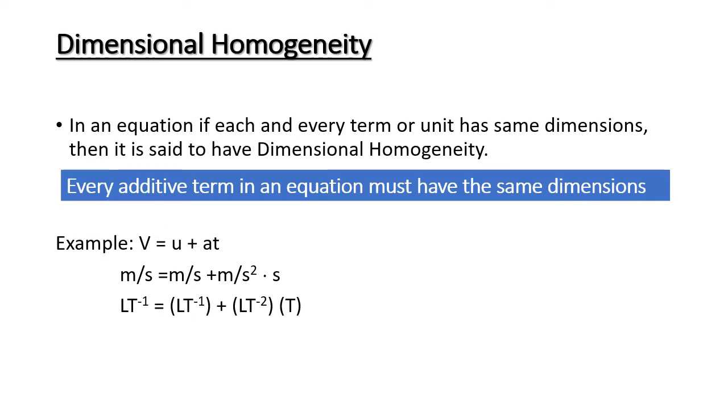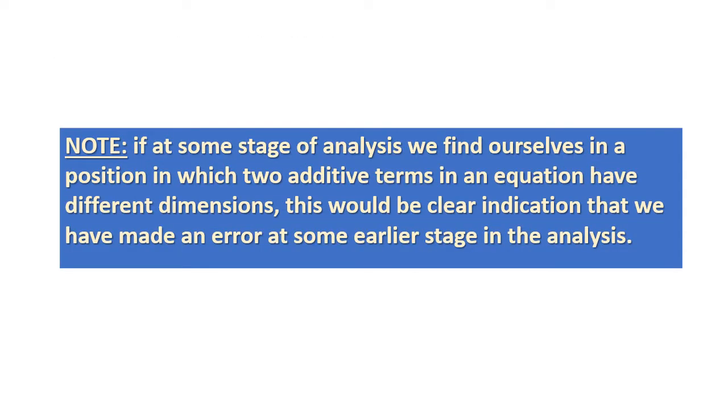What is dimensional homogeneity? If you take any equation, the dimensions on the left hand side should be equal to the dimensions on the right hand side. Then we say that the equation is satisfying dimensional homogeneity. If it is not satisfying, then we are wrong somewhere in the previous steps. I have written a note on dimensional homogeneity.